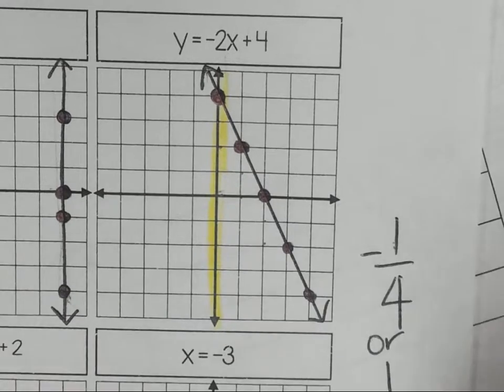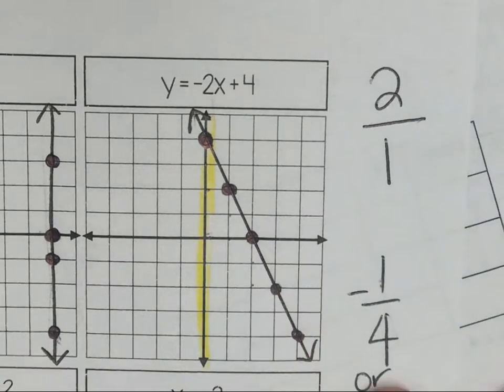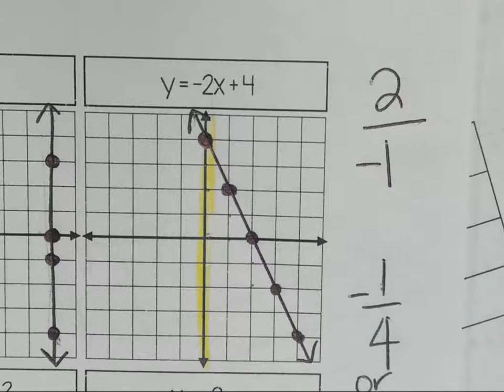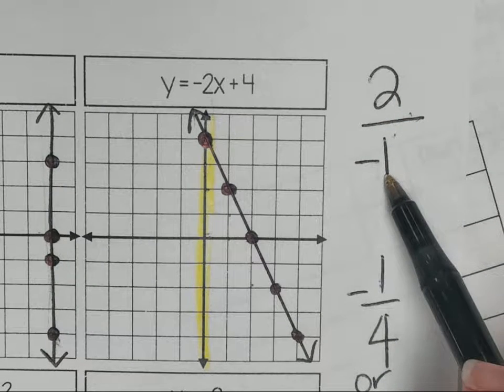So we could have done -2. So we had a slope of -2. Another way to write -2 is to do +2 divided by -1. That still makes a -2. 2 divided by -1 is -2, right? 2 divided by -1 is what? -2.